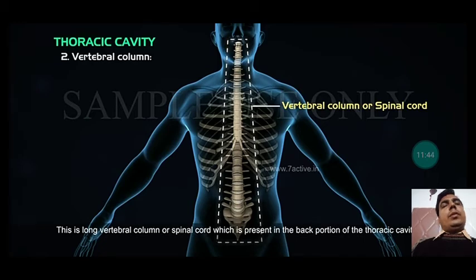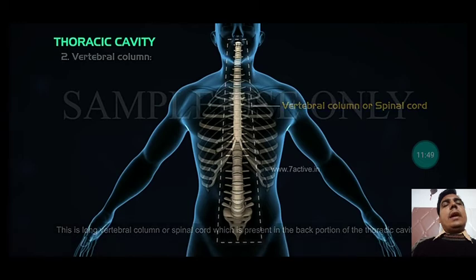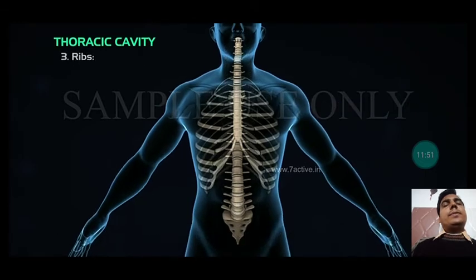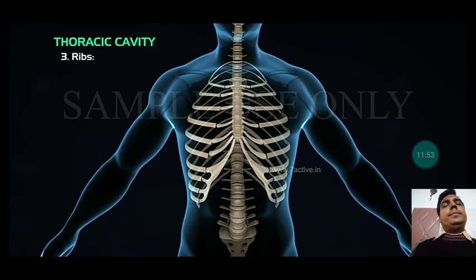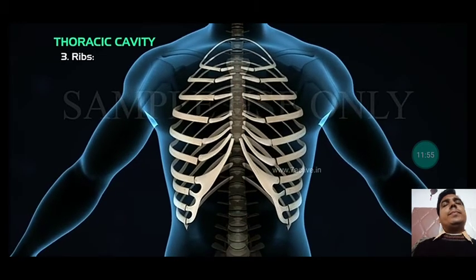Thoracic vertebrae T1 to T12 are joined to the rib bones. Third, students, in the thoracic cavity, the ribs.